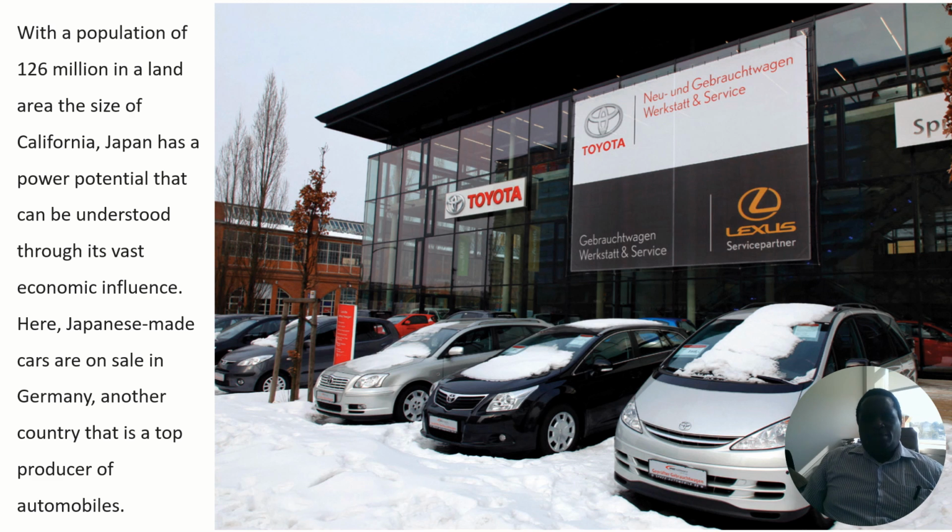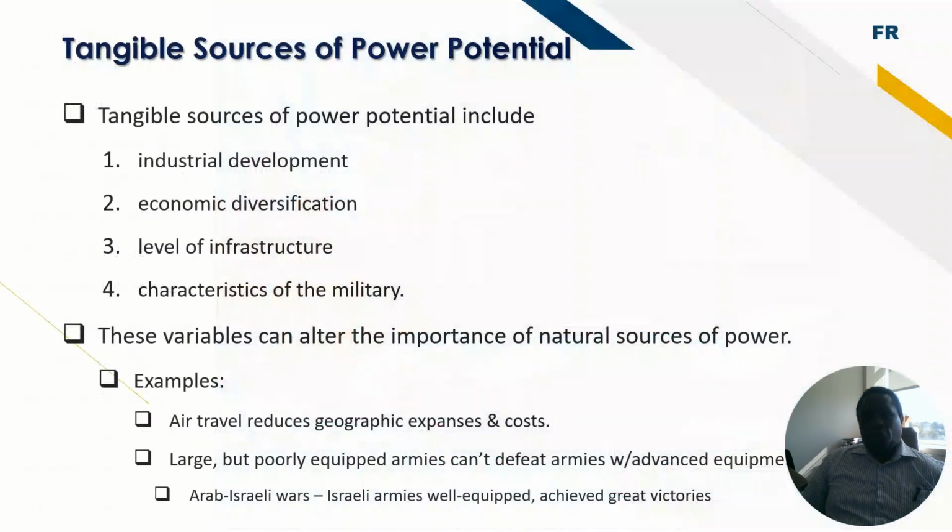Cars being made in Japan but being on sale in Germany illustrates sources of economic power. There are other sources of power, for example, industrial development, economic diversification, infrastructure, and military characteristics.